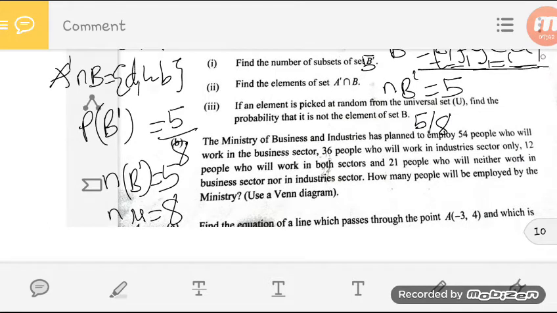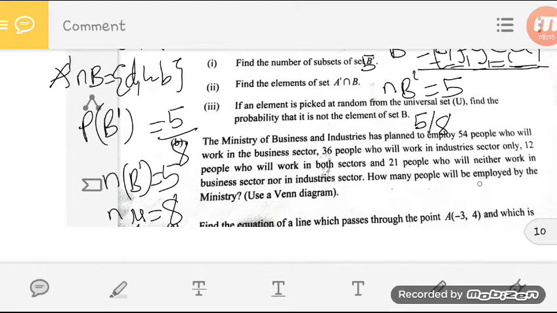The question asks that the Ministry of Business and Industry has planned to employ 54 people who will work in the business sector, 36 people who will work in the industry sector, 12 people who will work in both sectors, and 21 people who will neither work in the business sector nor the industry sector.